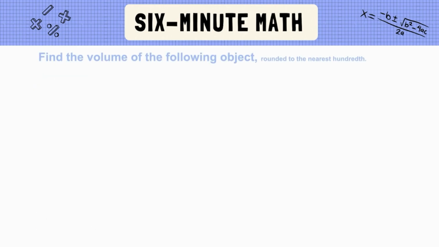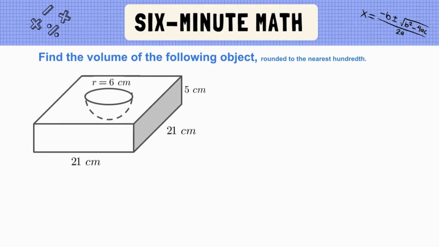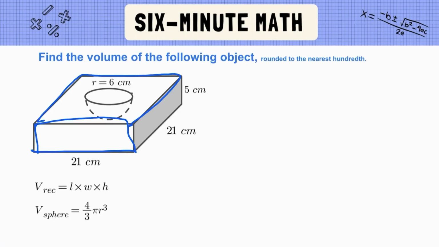On to another example. We're going to find the volume of the following. In this case, we have a rectangular prism and a sphere, or a hemisphere in this case. So let's do that rectangular prism here in blue, and we're going to find that hemisphere in yellow.